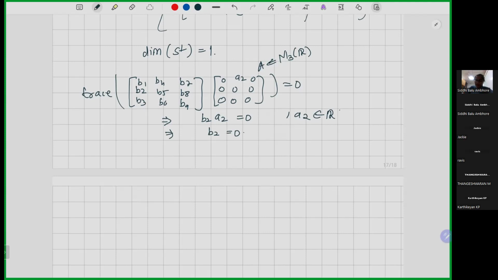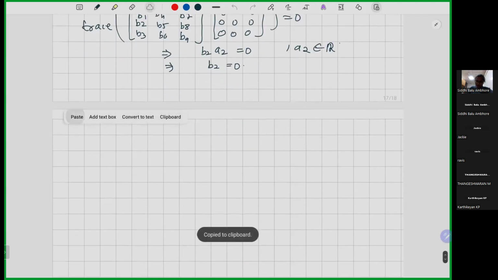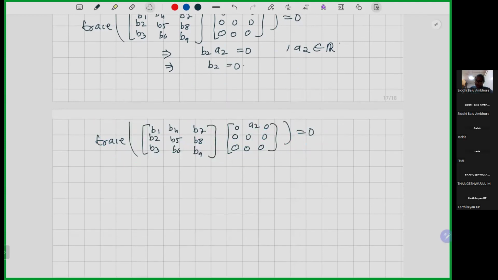Similarly, I can take the same. If I copy this, and now if I take here 0 and here I take A3, then this becomes A3 B3 is equal to 0, where A3 in R. So A3 could be anything.